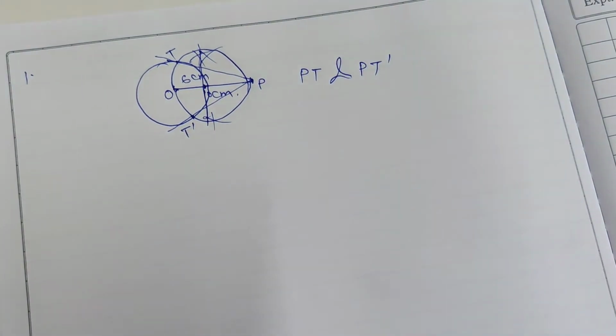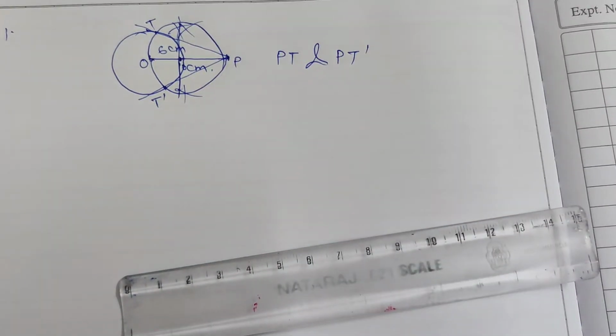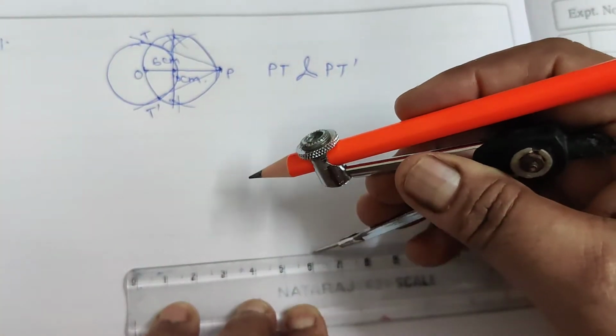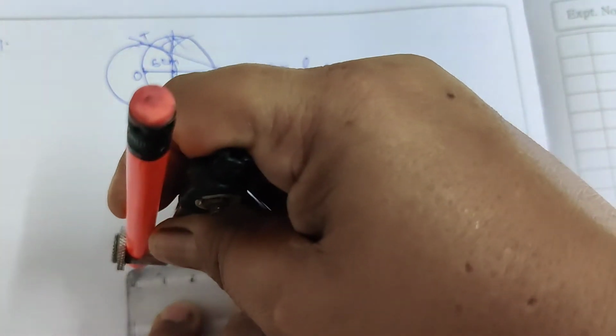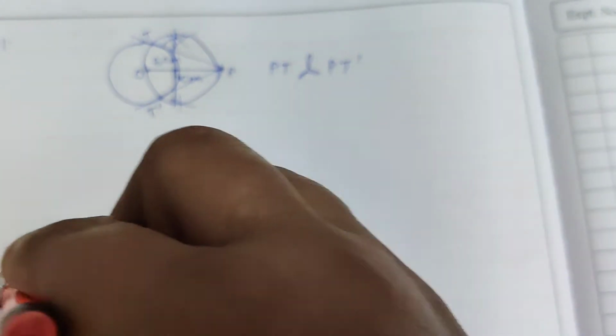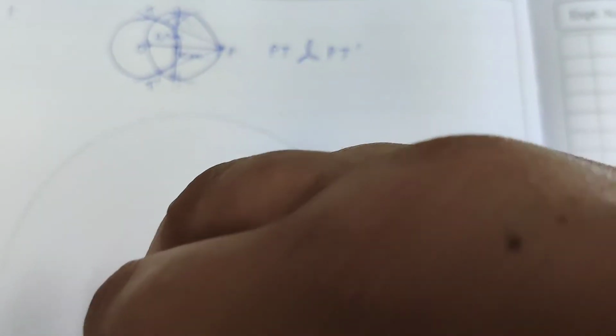Now the construction. First we have to draw the circle of 6 cm radius.